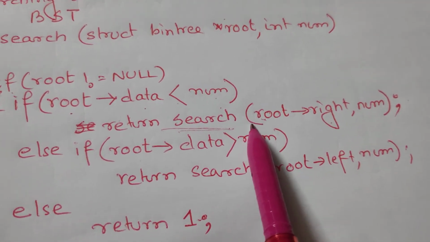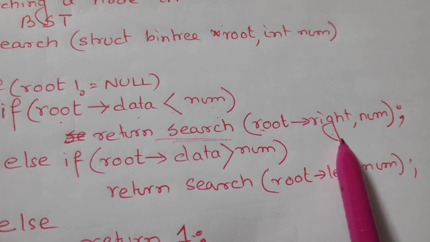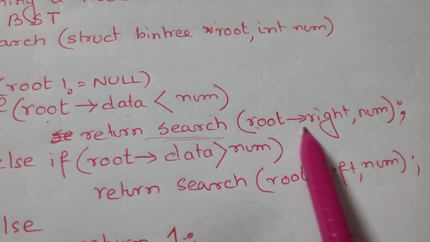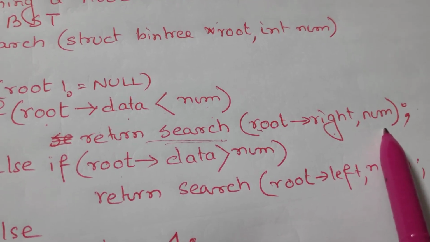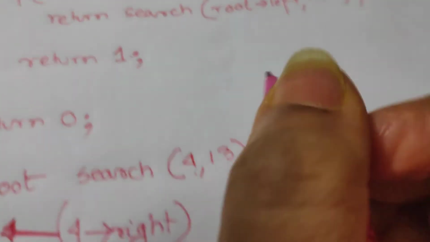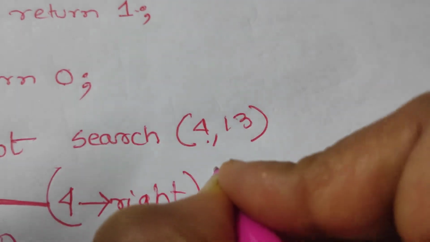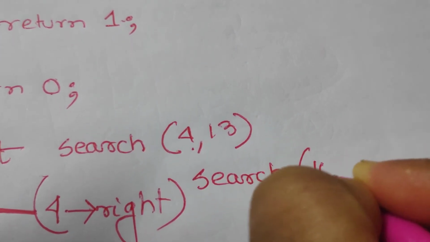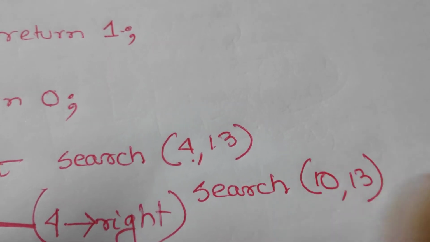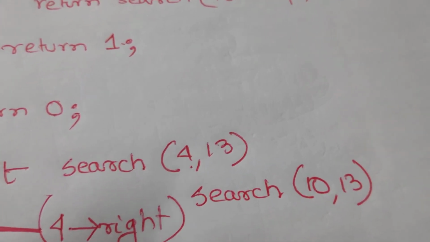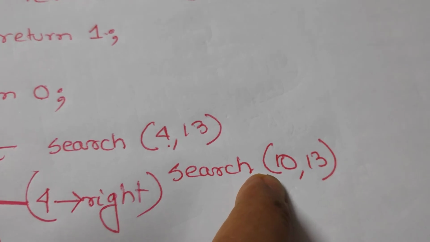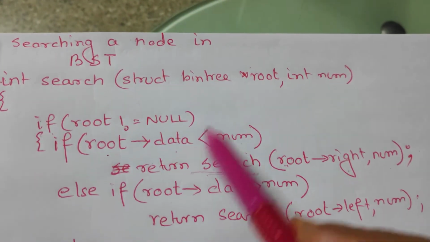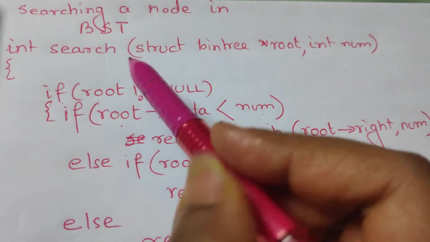So we are again calling the search function with the right hand side of the root and the number. So at this point, the search function is again getting called with the value 10 and the number 13, because 10 is the right of 4. So again the search algorithm starts.